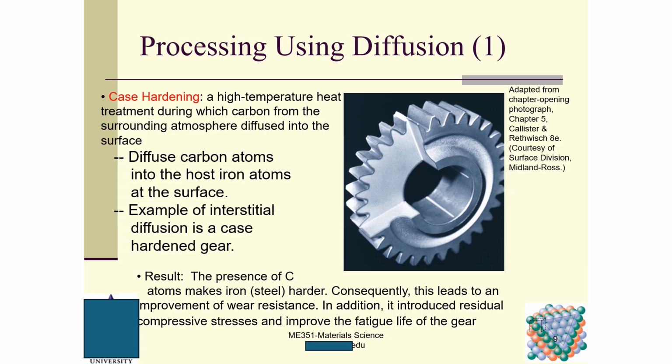Okay, two important points. First, you have a chamber. This is a sealed chamber, and you put a specimen to be hardened in the chamber, and then you provide some carbon-containing gases or carbon-containing liquids.